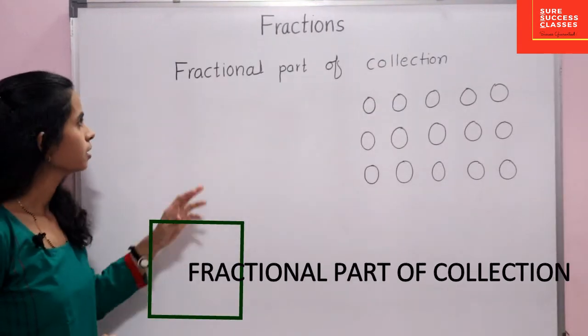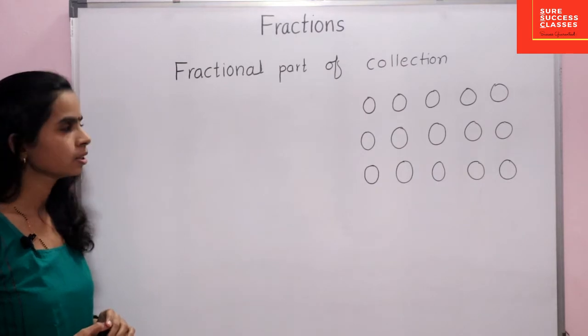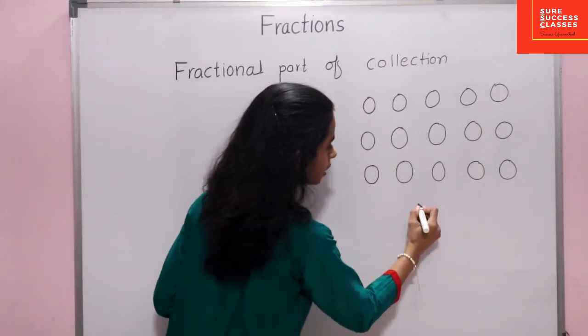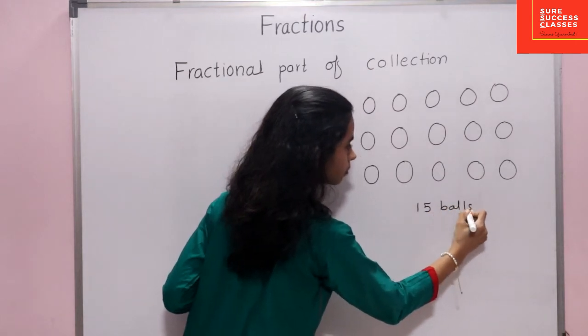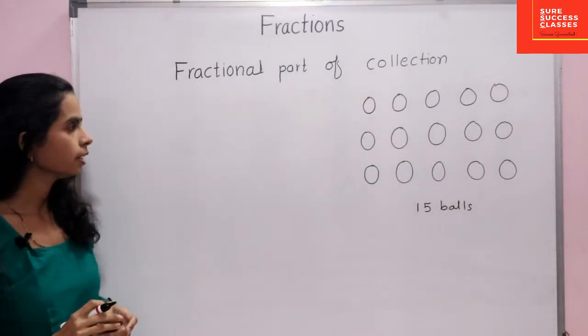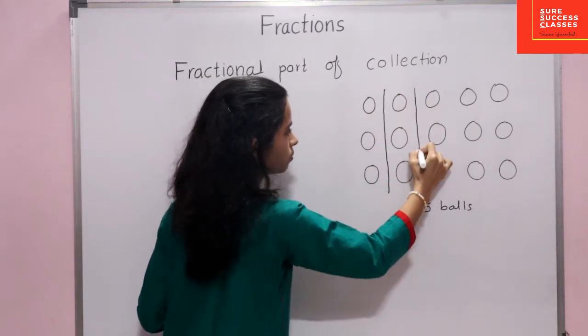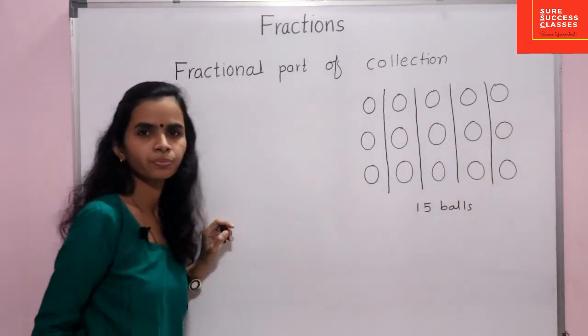Students, let's learn fractional part of a collection. We will see this through an example. Suppose there is a collection of 15 balls. They are equal in size and shape, and they are divided into 5 equal groups, 1, 2, 3, 4 and 5.